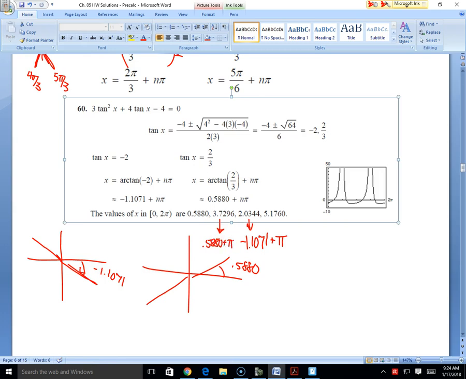You didn't actually have to use this little formula. You could have just added pi to the second answer, added pi to the first answer. And the tricky thing on this one is you actually could have added 2 pi to find the last one, because this guy had 2 answers that fit. You could have added 2 pi.